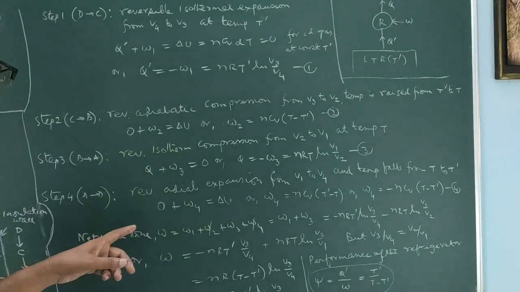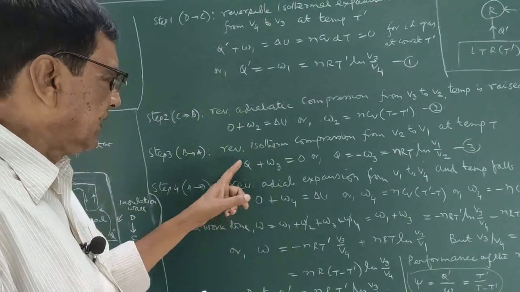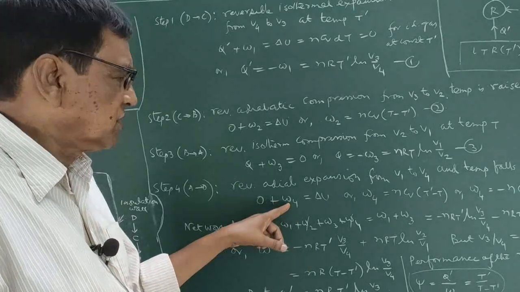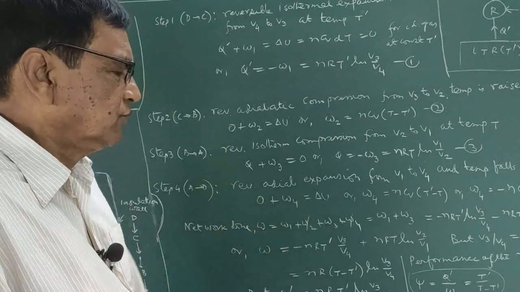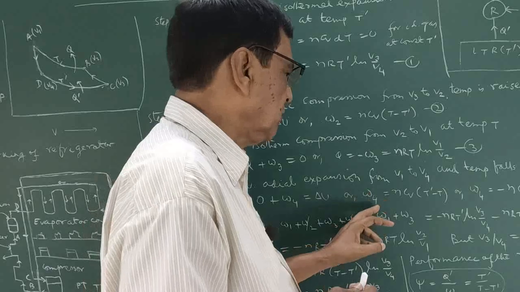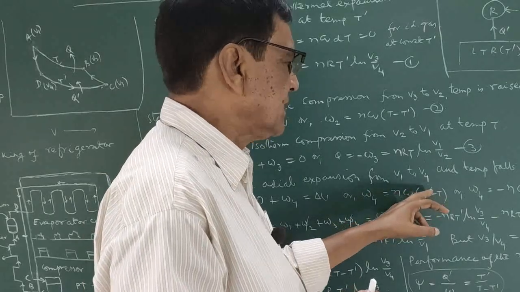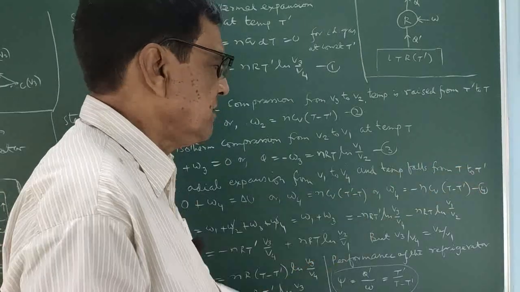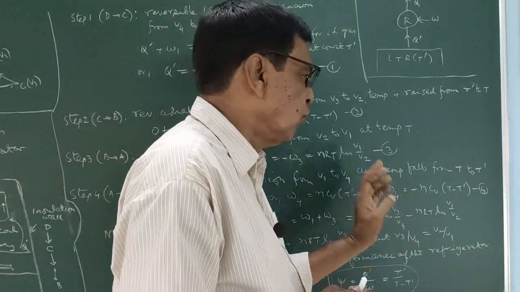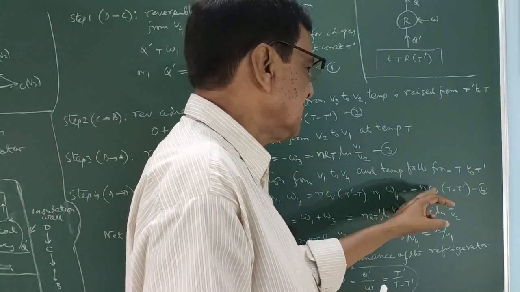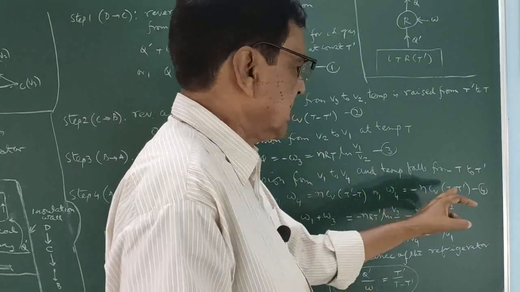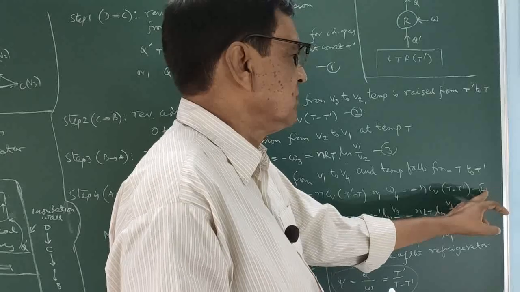And so in the first law, Q equal to 0, and W4, the amount of work done in the fourth step, equal to delta U, or W4 equal to nCV (T dash minus T). T dash is the final temperature, T is the initial temperature. So W4 equal to minus nCV (T minus T dash), equation 4.